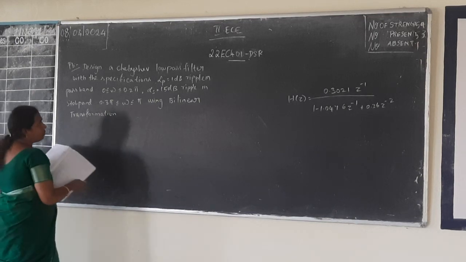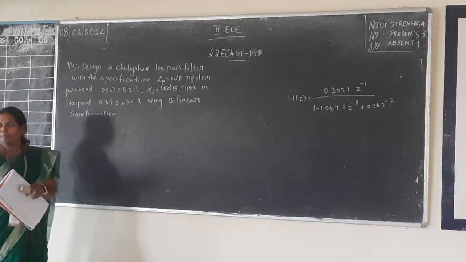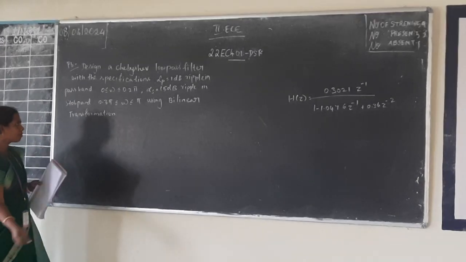So what are the given values? We have alpha p, alpha s, as well as omega p and omega s.